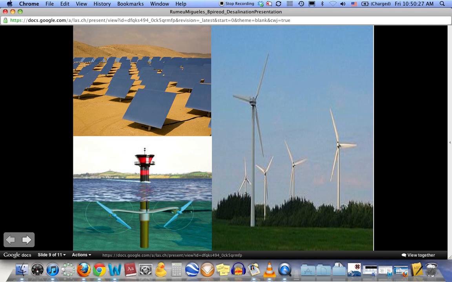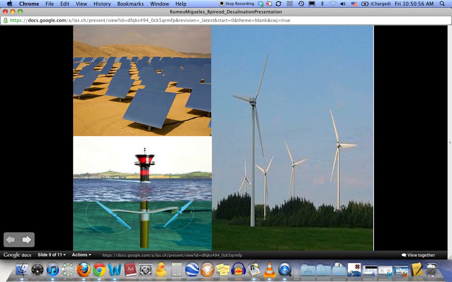For example, one is solar power. They could put these panels and have enough energy to heat the water and change the salt water into fresh water. Another one takes the water flow and turns the turbine, and this gives energy.